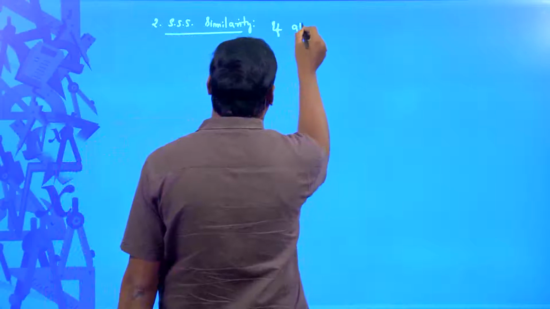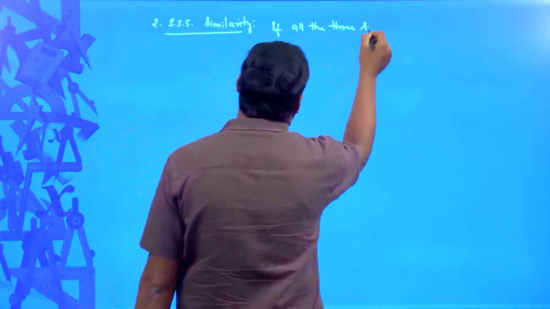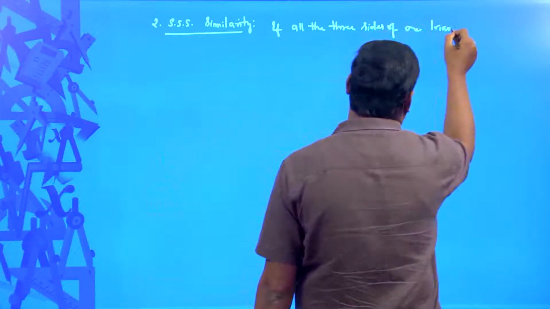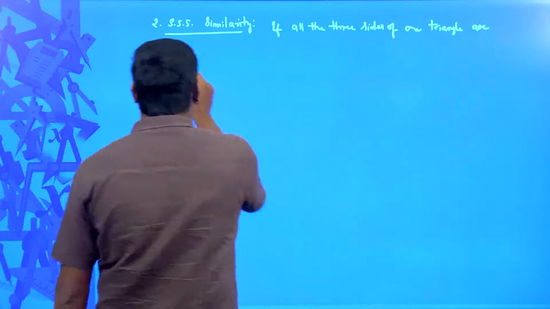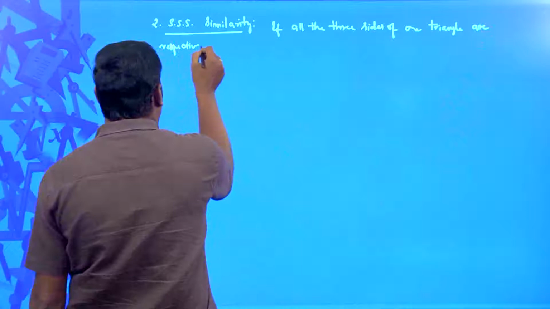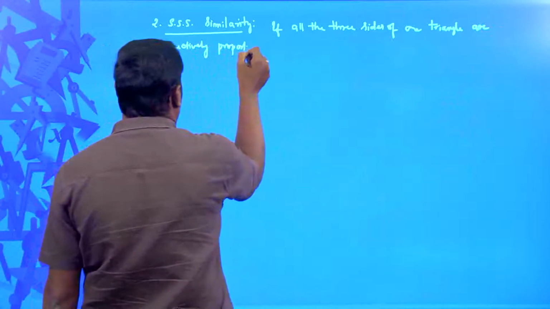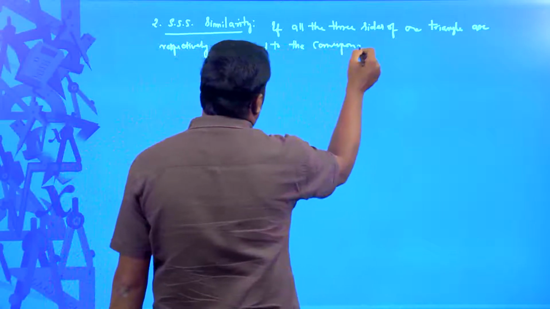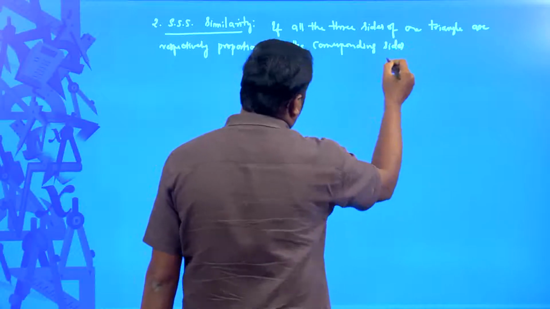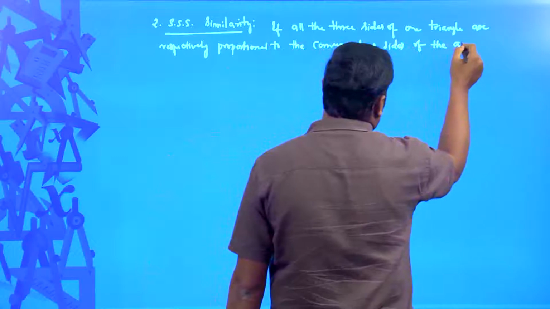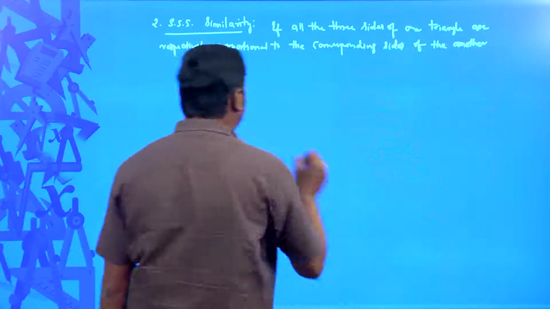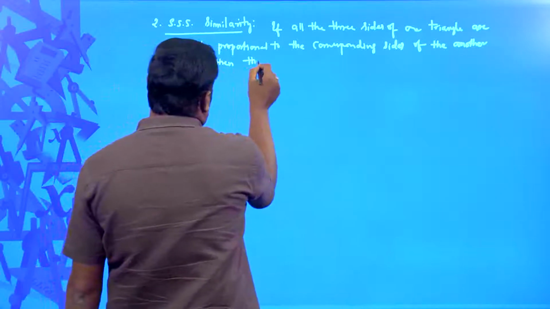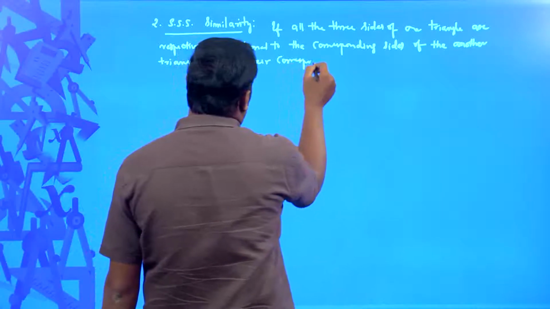If all the three sides of one triangle are respectively proportional to the corresponding sides of the another triangle, then their corresponding angles are equal.